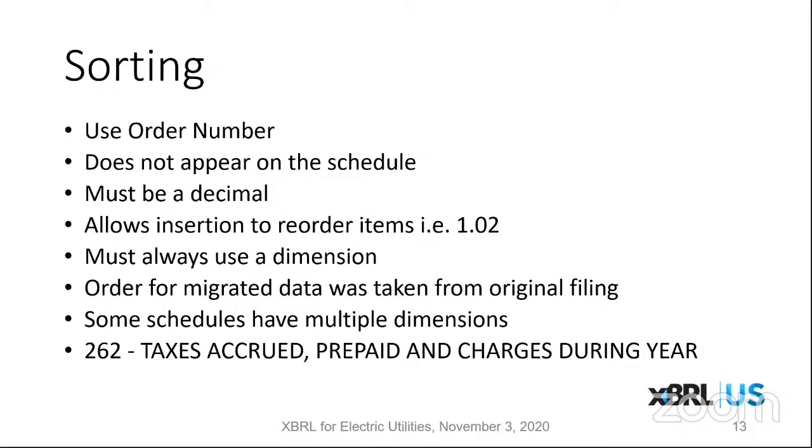On these order numbers, some schedules have subtotals on them, like the form for taxes accrued, 262, which can have subtotals on it. In some cases you want to have a single sequence for the order number, but sometimes order numbers may jump across 2 dimensions, and that may happen for these specific schedules. I'll show you how that works a little bit later on.